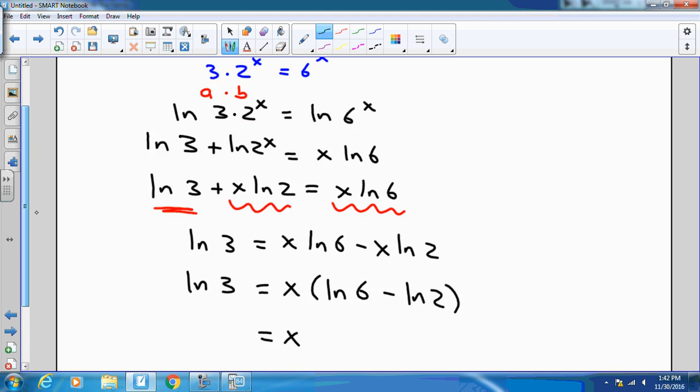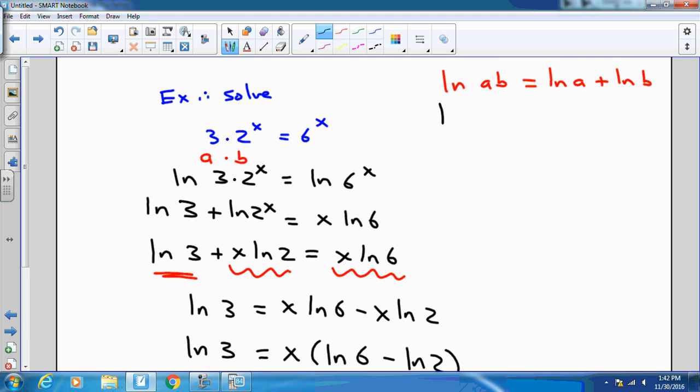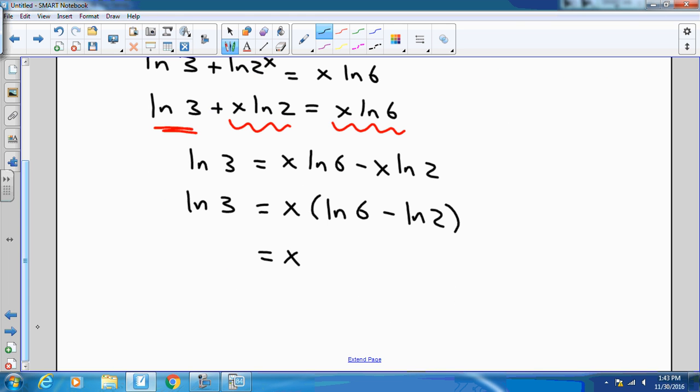Watch your form. You committed the classic blunder. Not ln A divided by ln B. ln of A divided by B. Everybody makes that mistake at least once in their lives. Exactly. ln of 6 divided by 2, which is?